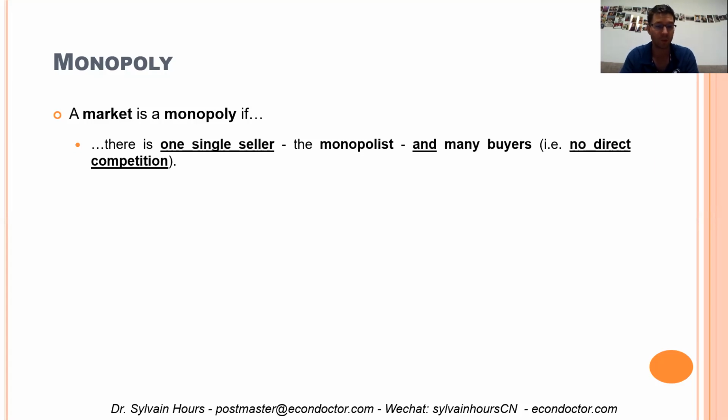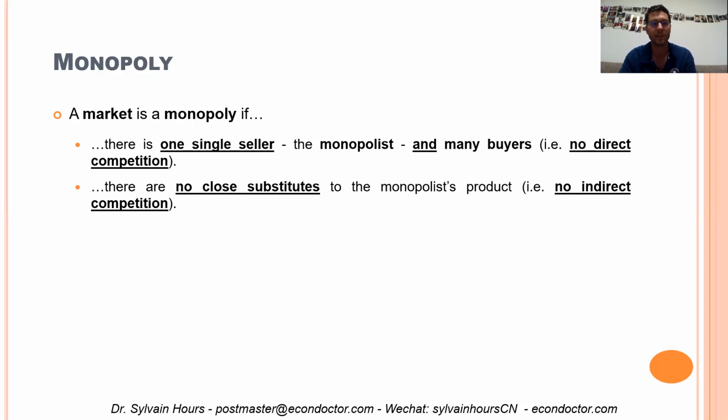Remember that when you describe a market, you must tell how many sellers there are, but you must also tell how many buyers there are. So in a monopoly, you have one single seller facing many buyers. So the consequence is that because this monopolist is the only one in the market, it doesn't face any direct competition.